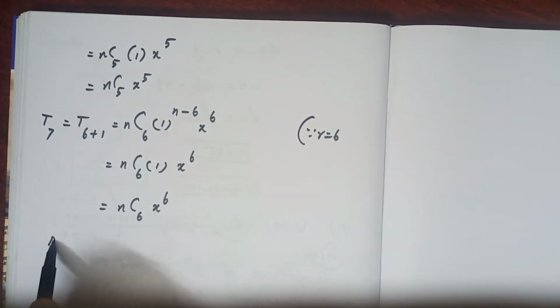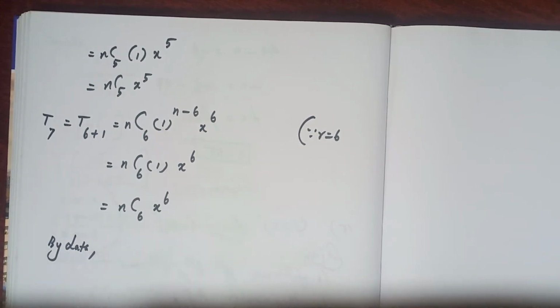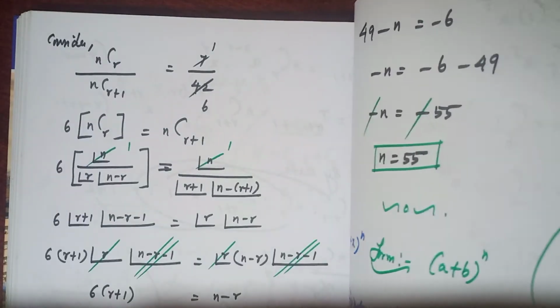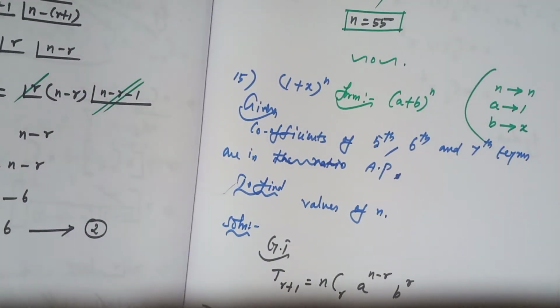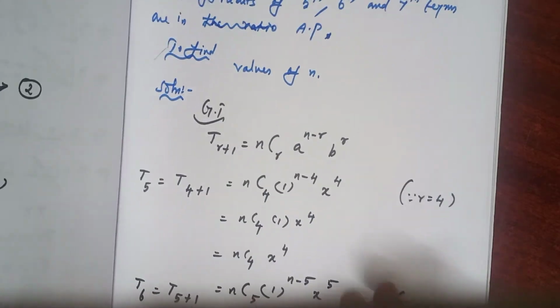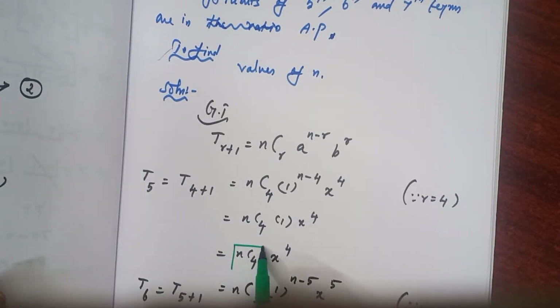So by data, the coefficients of the 5th term, 6th term and 7th term are in AP, given. So by data, what are the coefficients? NC4, this is a coefficient.